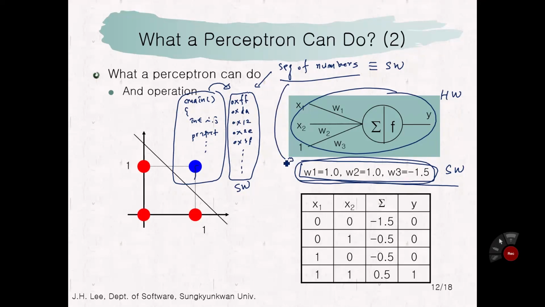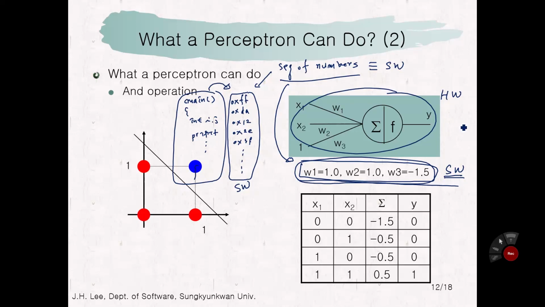Then is it software or not? It is software, right? True, it is software. The connection weight is software. And if you change the connection weight, the functionality of the neural network changes, just as a digital computer changes functionality if you change the programs.